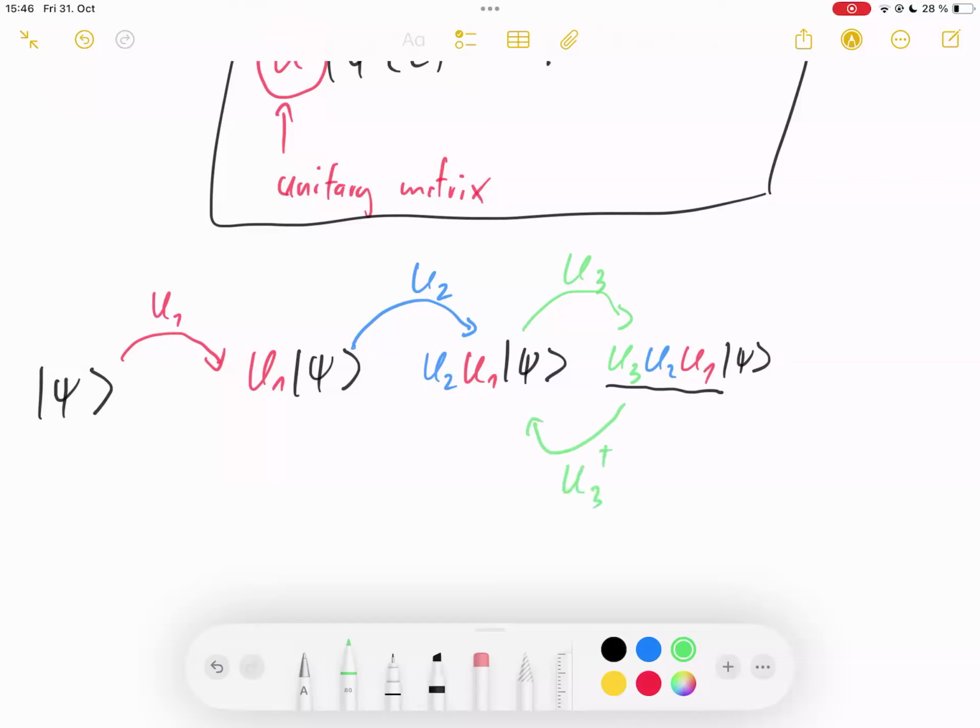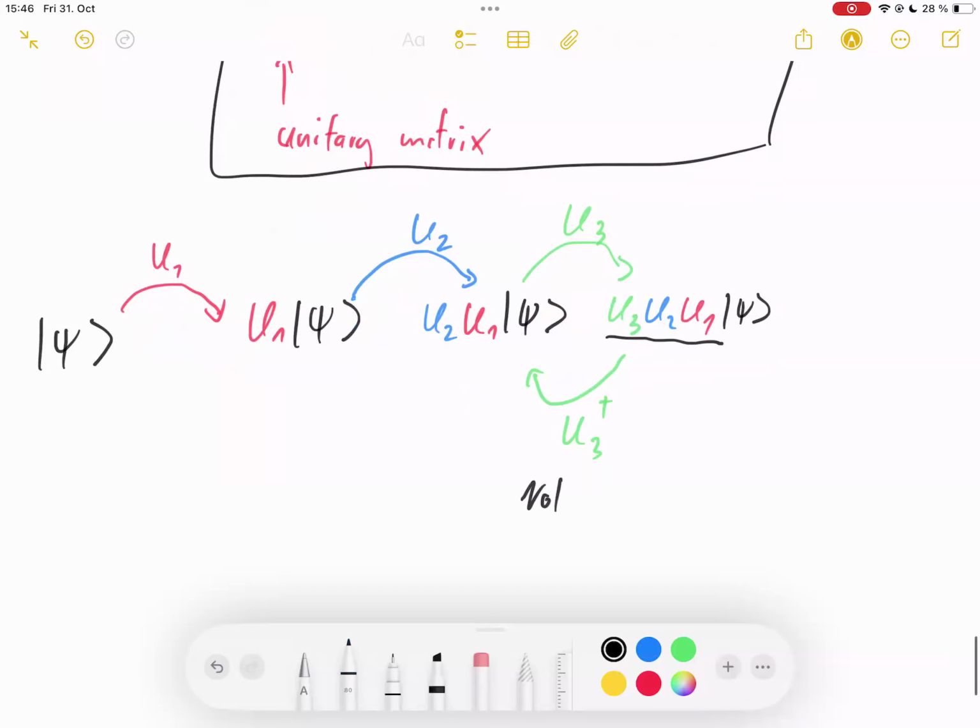Because what I have is my U3 and its adjoint, so we can write this out in detail. Just as a note, what I would have is my psi cat, my U1, my U2, the U3, and the U3 dagger, the adjoint.